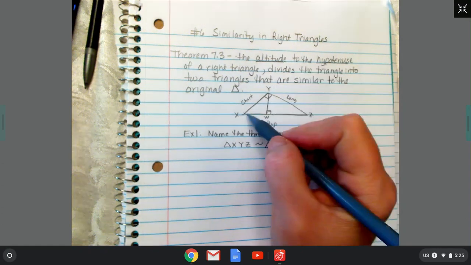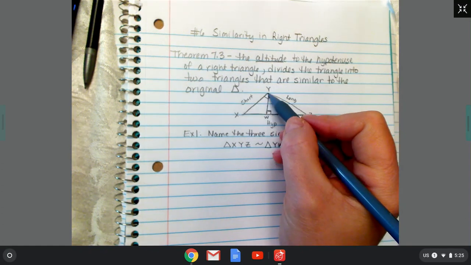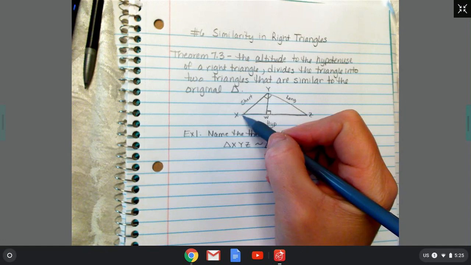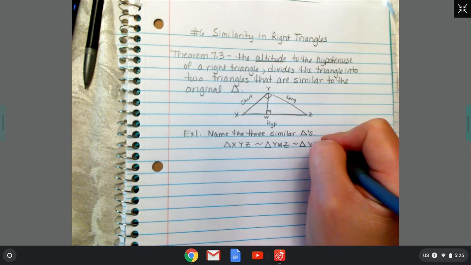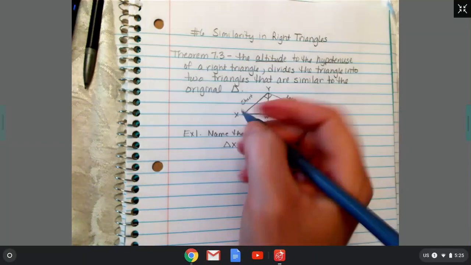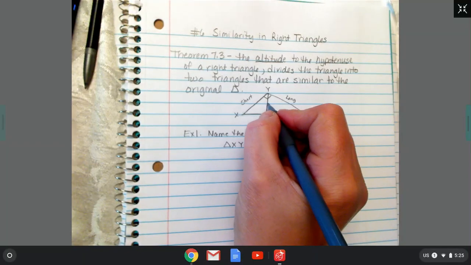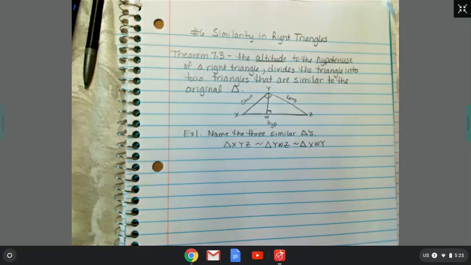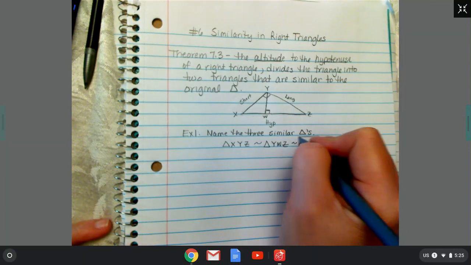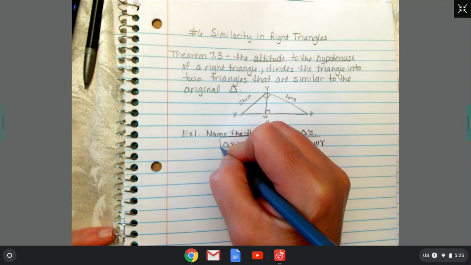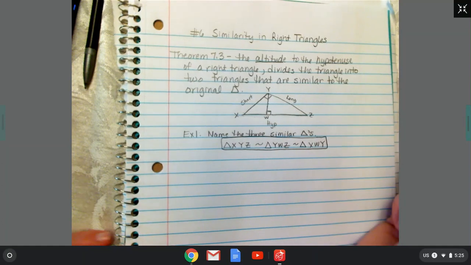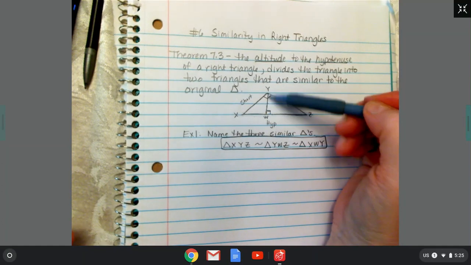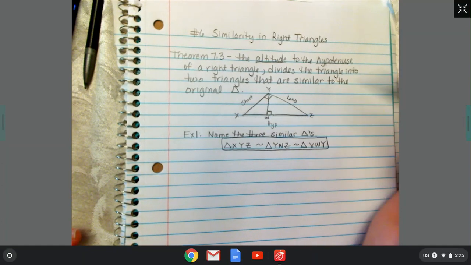But it should be, this is the short, this is the long, and this one is the hypotenuse. So it should go X, W, Y. So this is a short, this is a longer leg, and this is the hypotenuse. Okay, so there's an example of three similar triangles created by an altitude to the hypotenuse side.